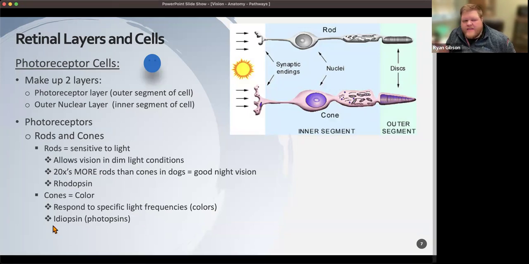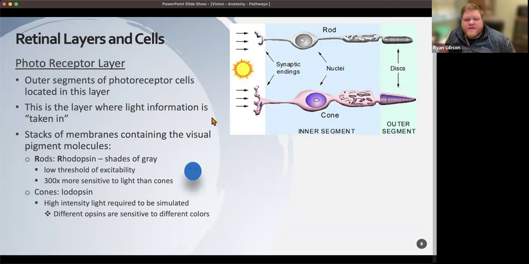And so we can stimulate the iodopsin, aka the photopsins, that are within these cones. And if we get frequencies that are consistent with red or consistent with purple, etc., that can stimulate those cones, get the iodopsin fired up, and then that can convert to an electrical signal.